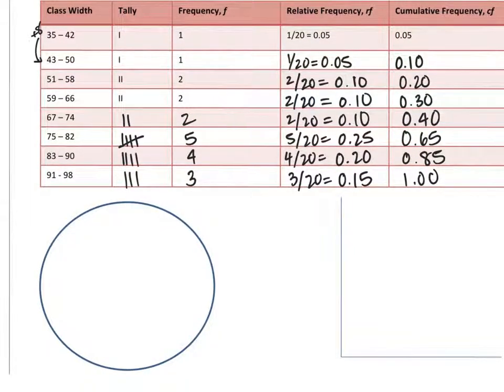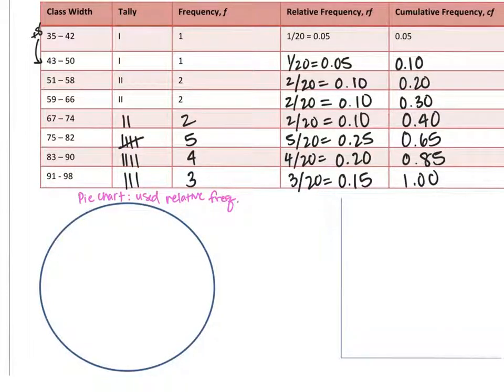Okay, so what we're going to do here is take our relative frequency, because the thing about pie charts, I probably should write, they use the relative frequency to create the proportions that you see on a pie chart. So what I like to do first, if I have a circle or a pie, I like to split it up into some portion that I'm familiar with so I can work around it.